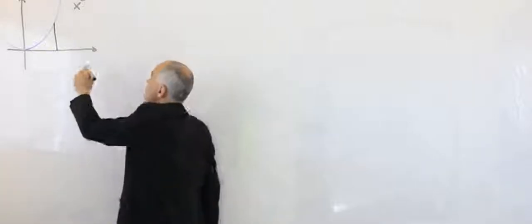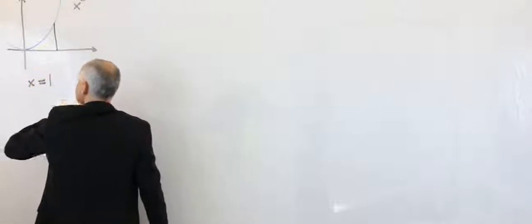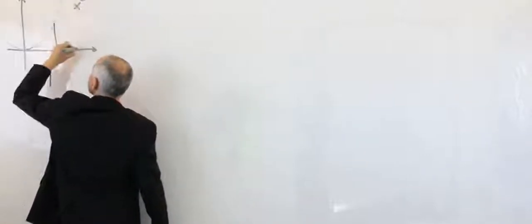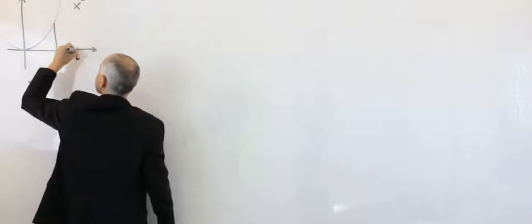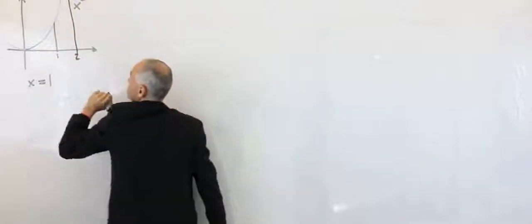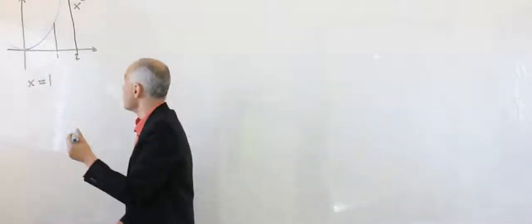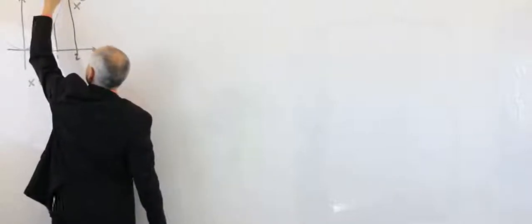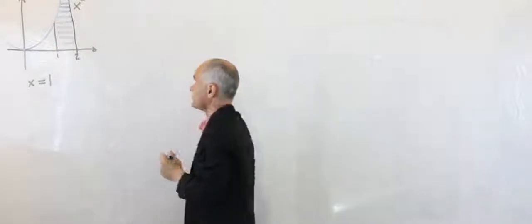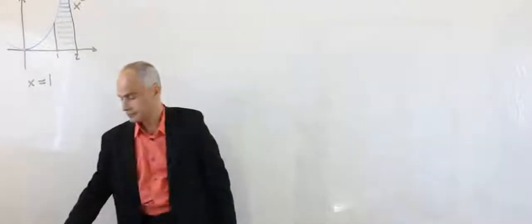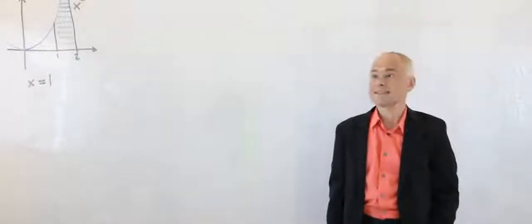Say the first line will be x is equal to 1, and the second line will be x is equal to 2. So I am talking about this area here. How should we do that? How should we solve this example?